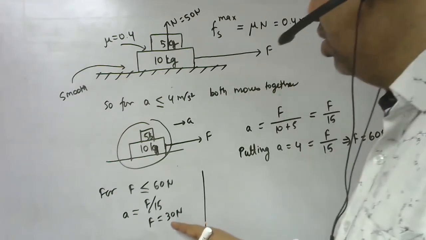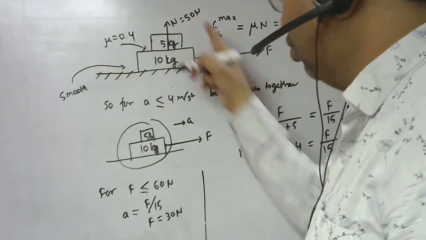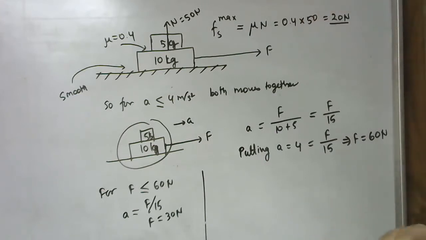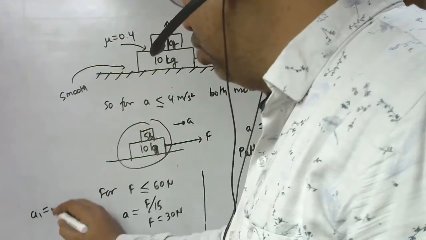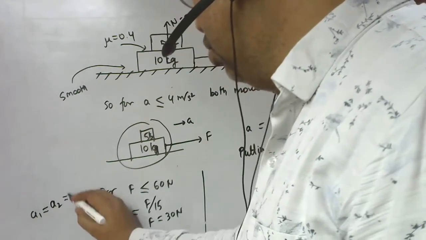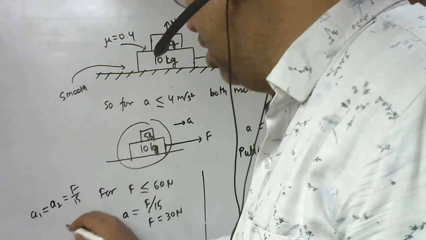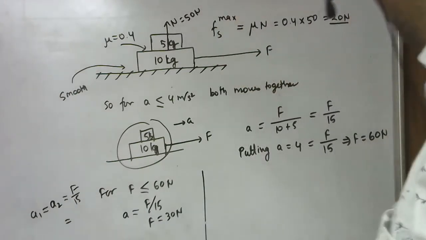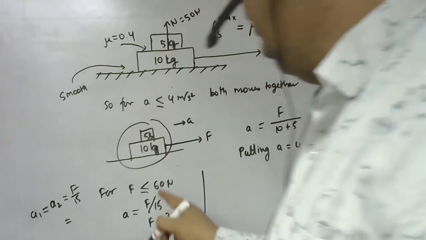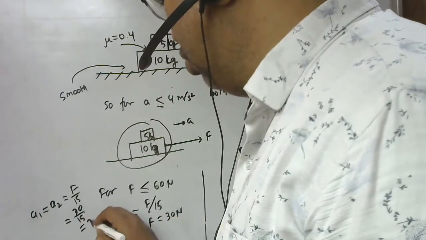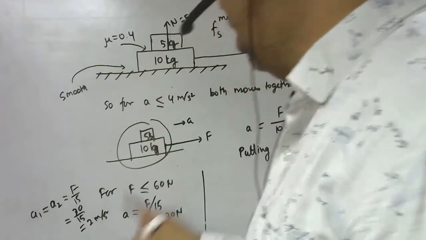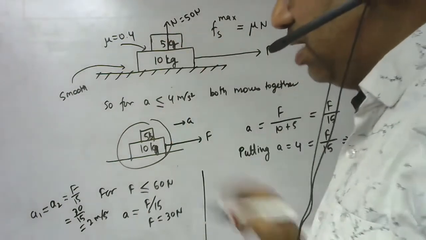It means this is below 60 and both have the same acceleration. So we can find their acceleration. The acceleration of both blocks will be equal. A1 equals A2 equals F by 15, and F is here 30 Newton. 30 upon 15, I mean 2 meter per second square. So both have the same acceleration.